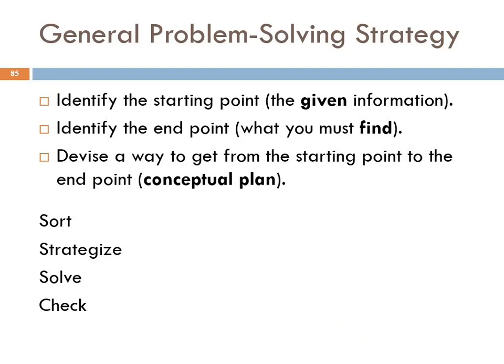General strategy: identify where you're starting, identify the end point, and figure out a way to get there. You guys at least heard of Dora the Explorer? Nod your head? Yeah? Okay. So Dora's always trying to get somewhere. Very confused little girl. Lost all the time.